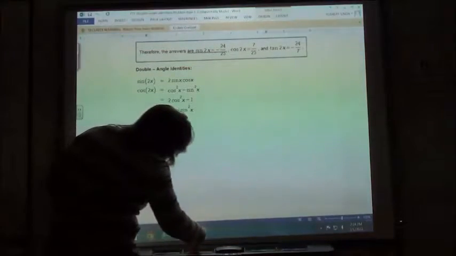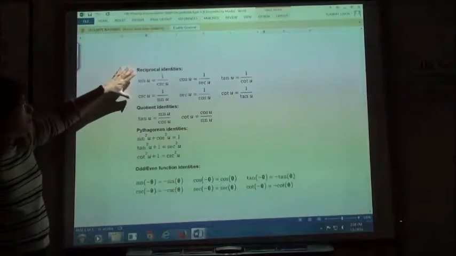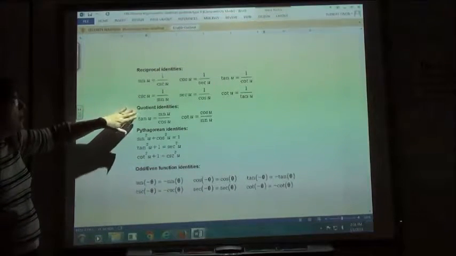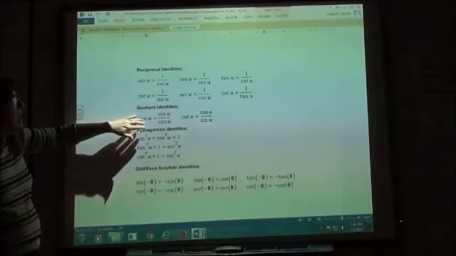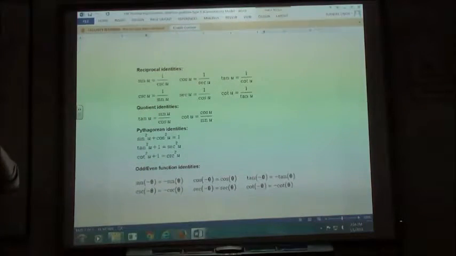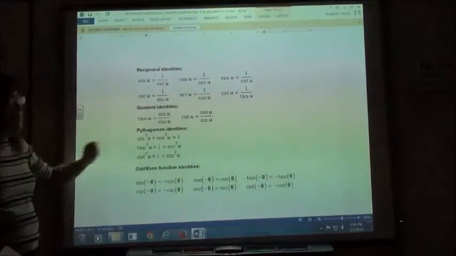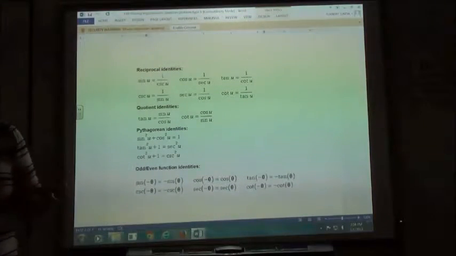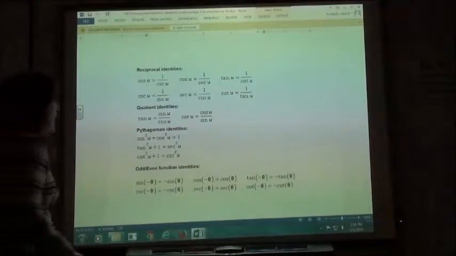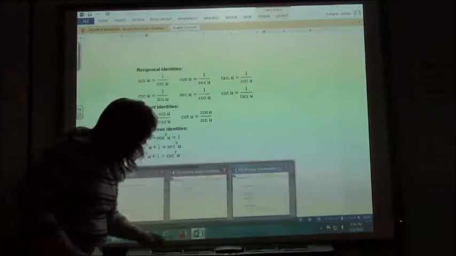We also need all the rest of our identities: our reciprocal identities we've used before, quotient identities where tangent is sine over cosine, Pythagorean identities, and the odd and even ones, which we probably won't use on this one, but for sure those top 3 groups. Then of course we have the algebra choice that we might have to make. So you want to keep your identities handy so we can do our proof.